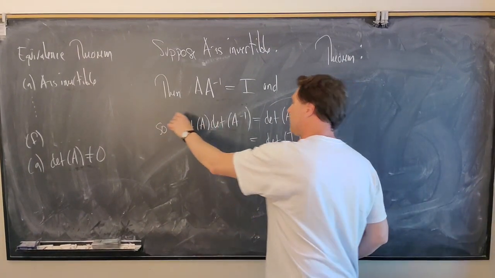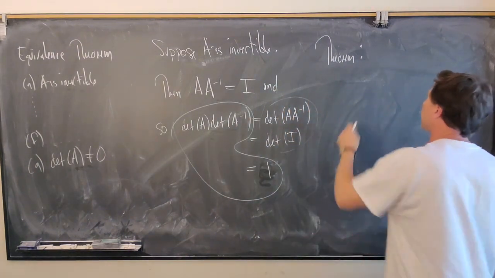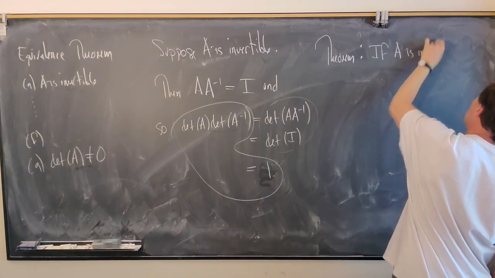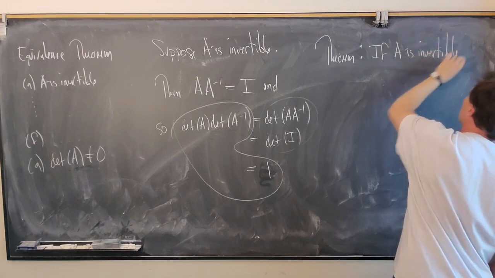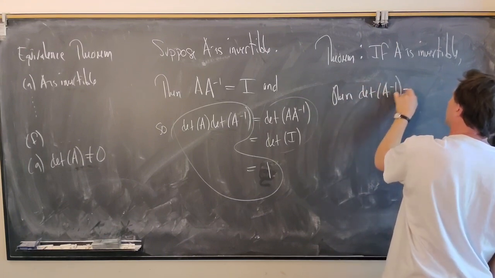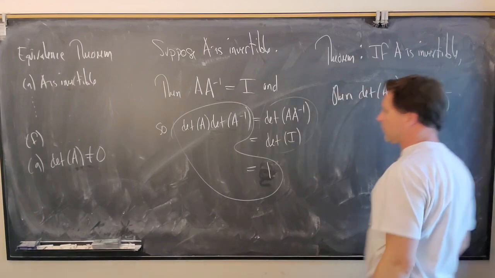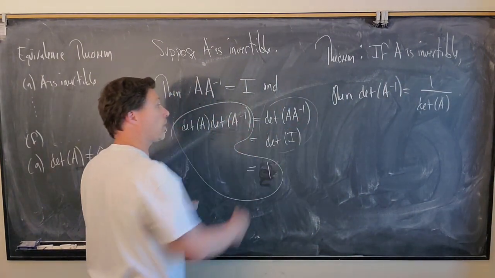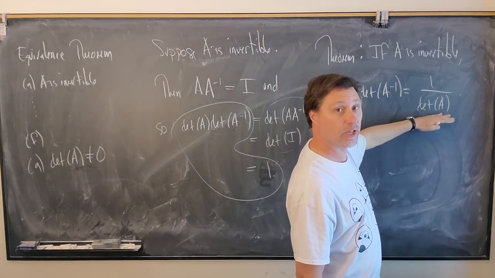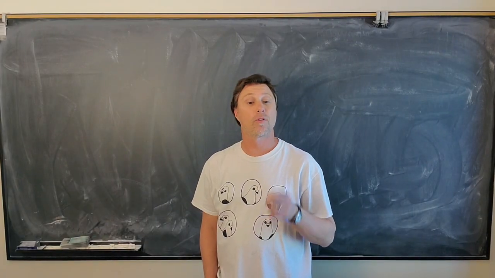If I take this equation and solve for the determinant of A inverse, here's what we get: if A is invertible, then the determinant of A inverse is the reciprocal of the determinant of A. We know that when A is invertible this fraction makes sense because the determinant of A is non-zero.